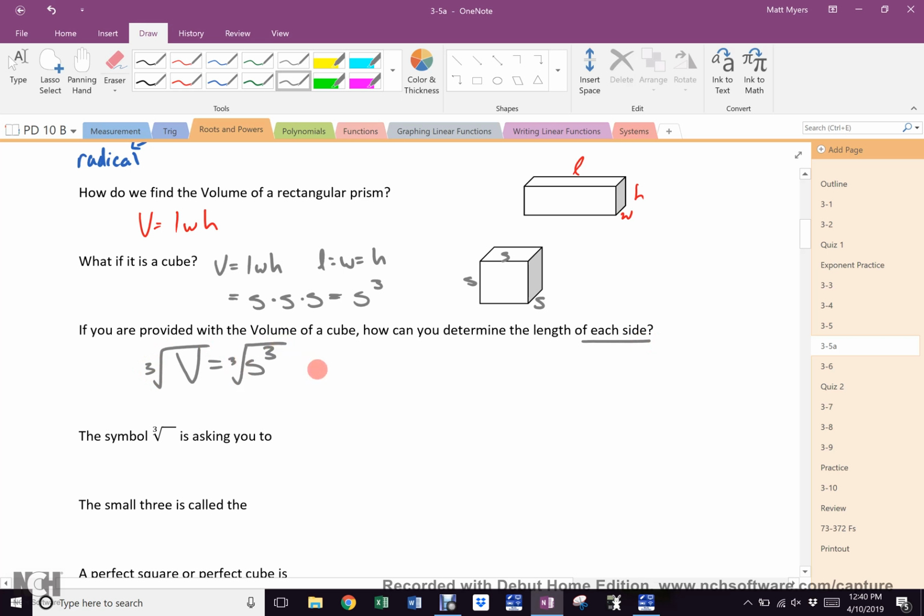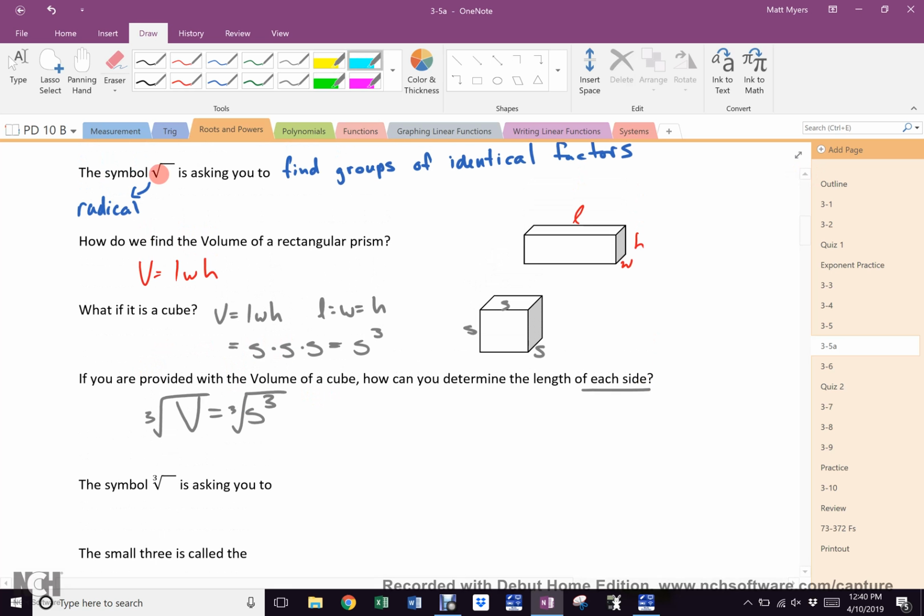Yeah? Now, I only have 2 drawings for this. You're intelligent young people. What do you see as the difference between that and that? Jesse. There's that little 3 there. Okay? That symbol, we know that symbol is asking us to do what? To find groups of identical factors, yes?